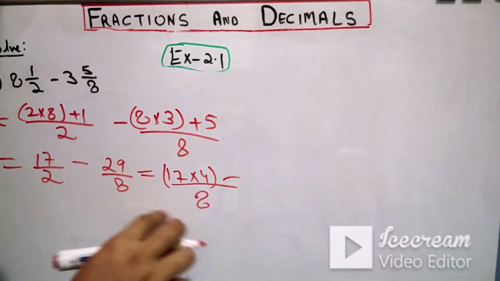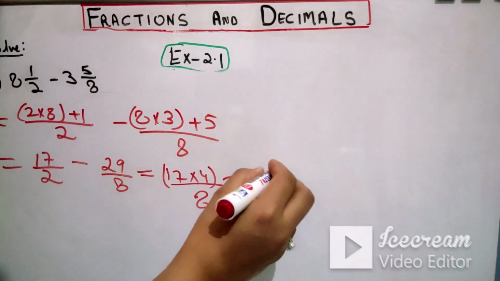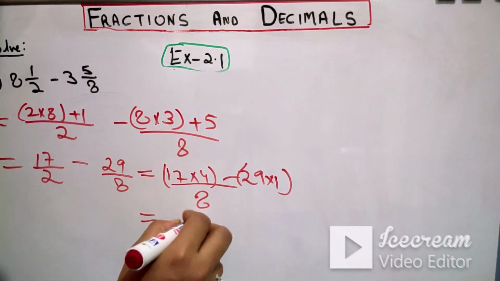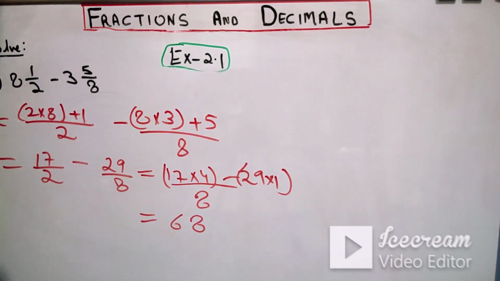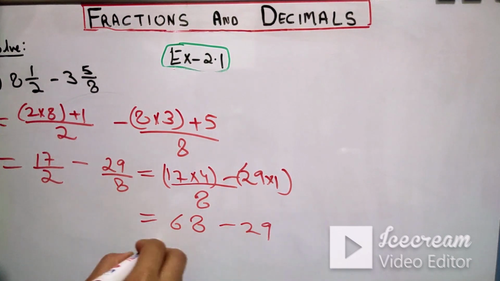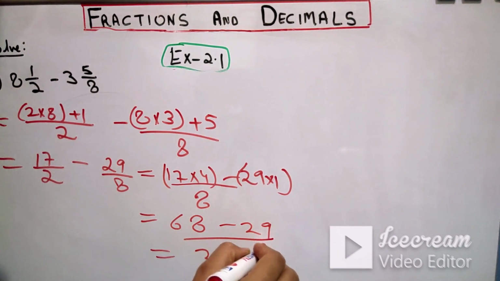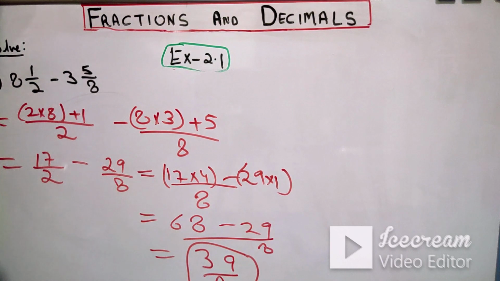Minus 8 by 8 is 1, so 29 into 1. We know that 17 into 4 is 68, then this is 29. So what will the answer be? The 8 will come here, and the answer will be 39 by 8. So this is the answer.